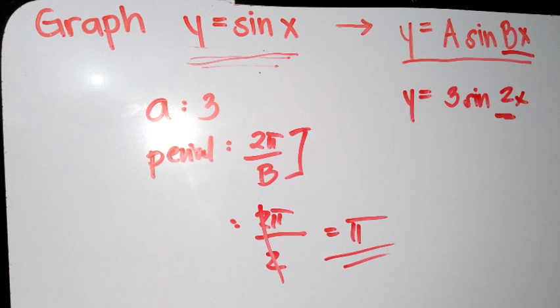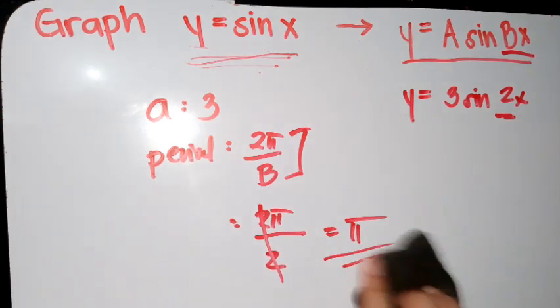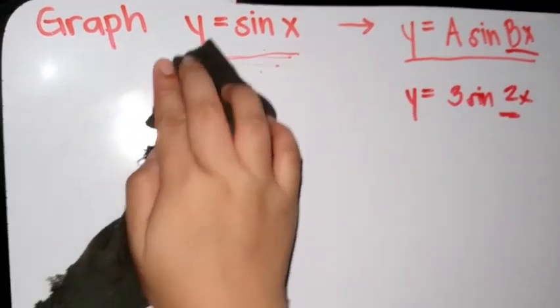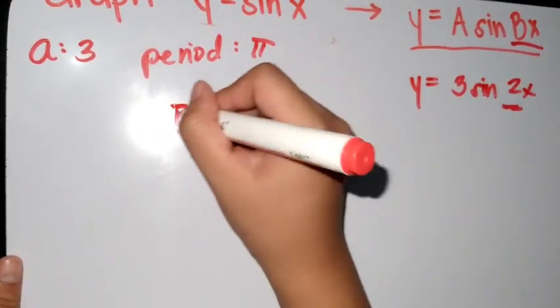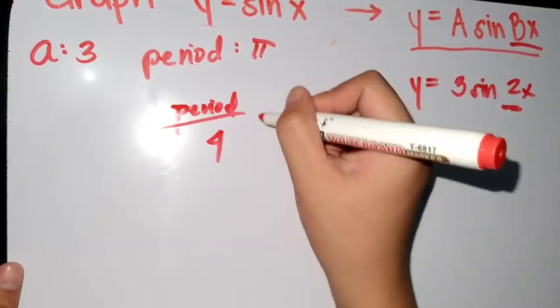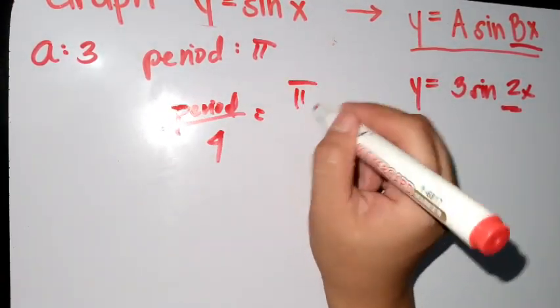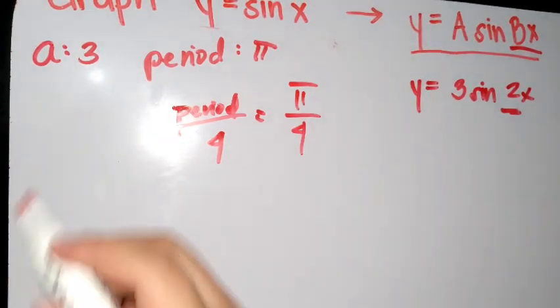Now second, after identifying the amplitude and the period, we're going to find the value of x for the 5 key points. So remember, period is pi. We follow again the formula period over 4, so we have pi over 4.